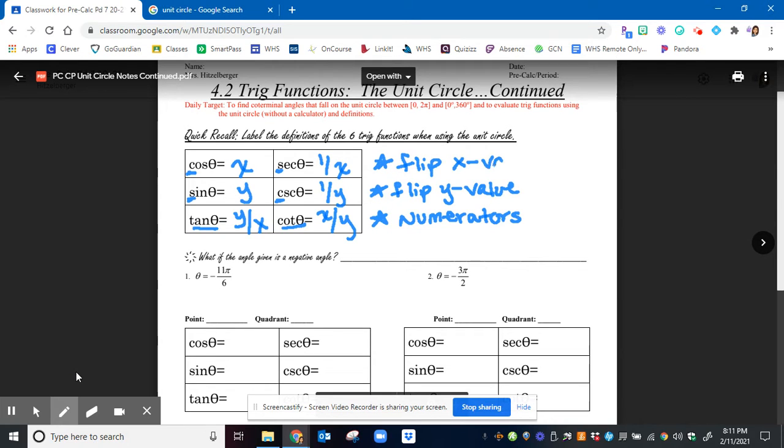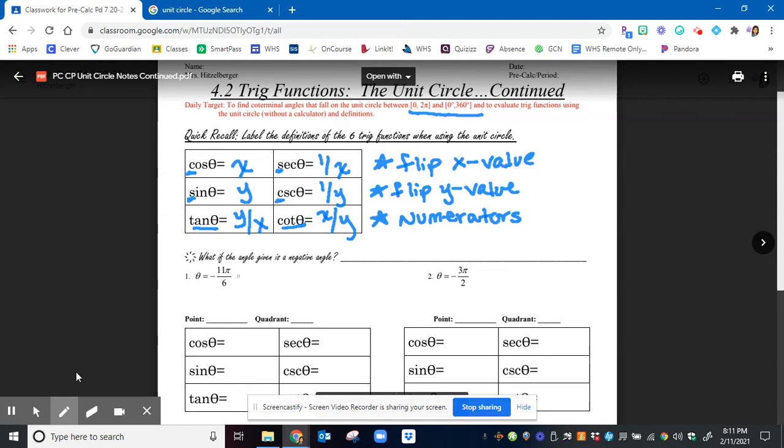So doing part 2 of the unit circle for this day 2 notes, same definitions. Basically what we're looking at is angles that do not fall between 0 to 2 pi or 0 to 360, meaning they're not shown exactly on the unit circle. For example, what if I had negative 11 pi over 6 as my angle? What if it's negative?